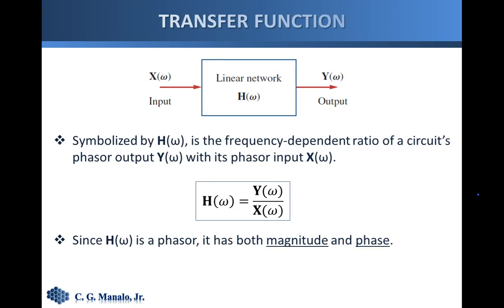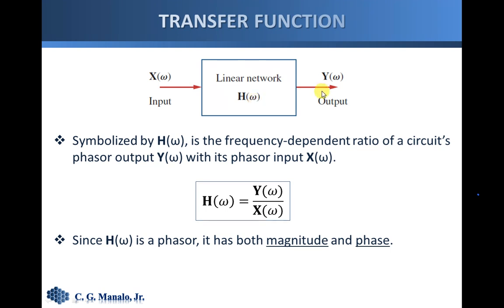So transfer function, symbolized as H of omega. This is the ratio of the output from a linear network divided by the input to that linear network.